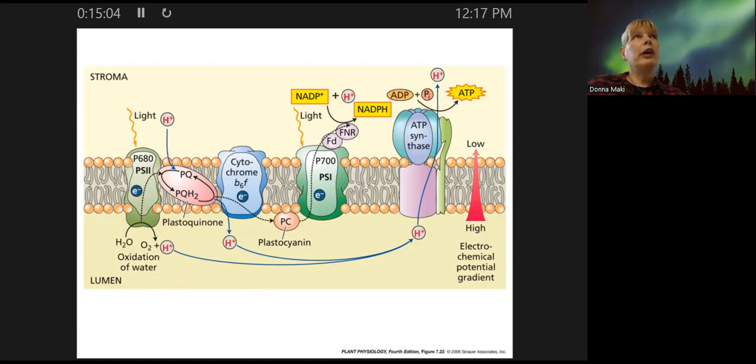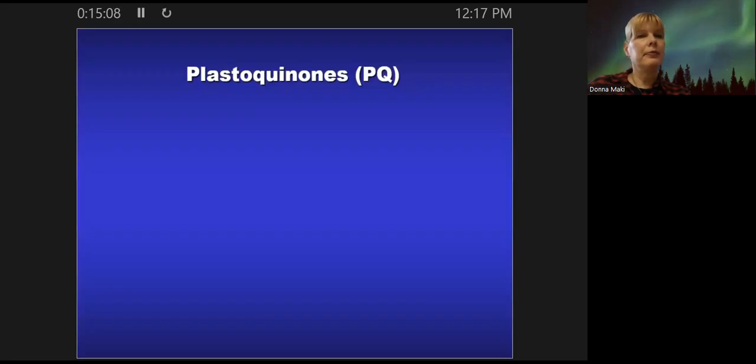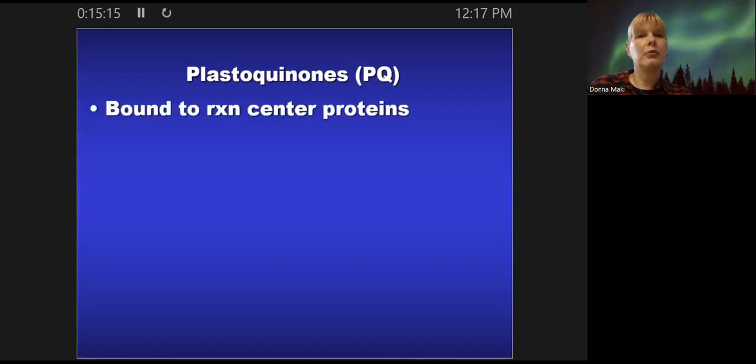So now pheophytin has to do its job, which is to pass that electron to the next player, and that will be a plastoquinone, which you can just abbreviate PQ. You don't have to write it all the way out. So these PQs, they're hanging out, bound or attached to photosystem 2. So they're right there, and they're like, okay, give me an electron. I'm waiting for the electron.